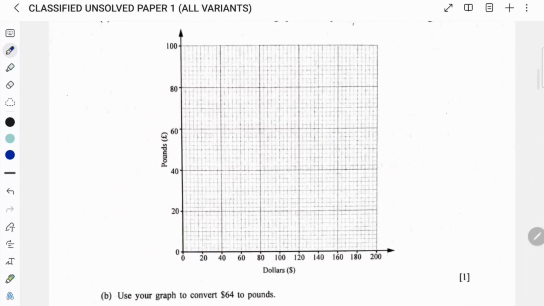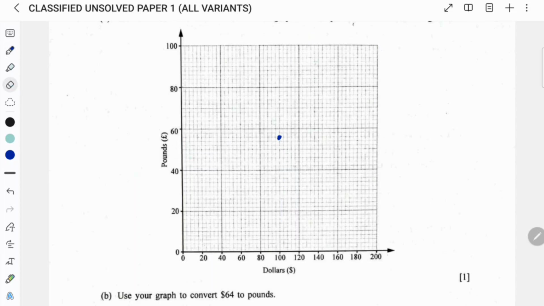So we have $100, this is 100 here. This line is 100. Remember, 40, 50, 52, 54, 56, 58. Like this we'll read. 50, 52, 54, 56. This is the point.